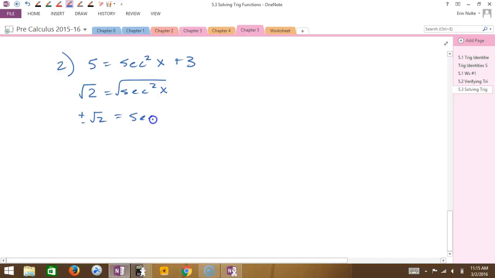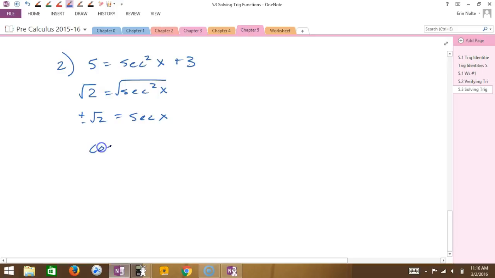So then we get secant. Okay, now what I can do when I'm left with a reciprocal trig piece is, in my opinion, it is easier to work with a sine and a cosine, and usually a tangent. So I'm going to reciprocate this, and then it'll be easier to work with. The reciprocal of secant is cosine.